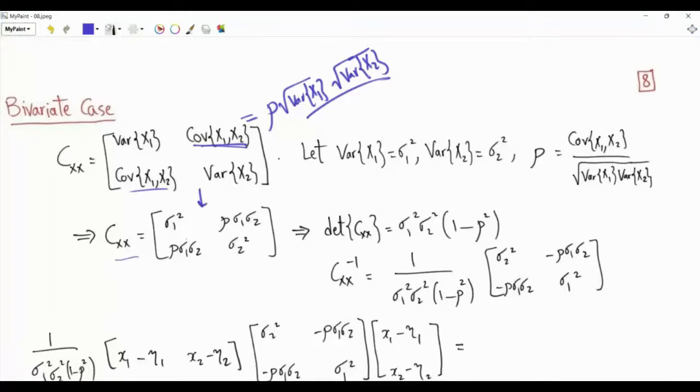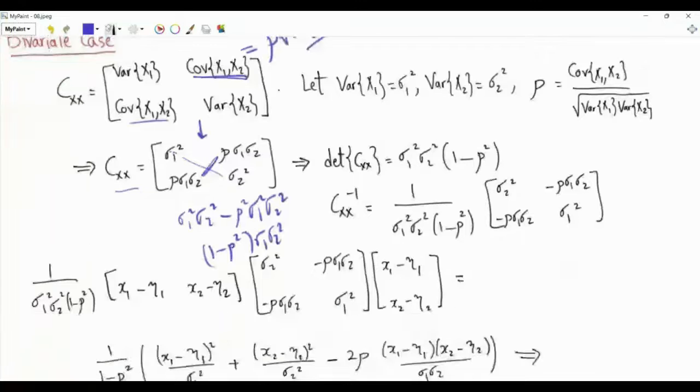Then the determinant of this expression here will be sigma 1 squared, sigma 2 squared, minus, we multiply these guys, so rho squared, sigma 1 squared, sigma 2 squared. So it's 1 minus rho squared, sigma 1 squared, sigma 2 squared. This is the determinant. And we can obtain the inverse matrix. Just divide by the determinant, and then we swap these two guys, and we invert the signs of the off-diagonal elements.